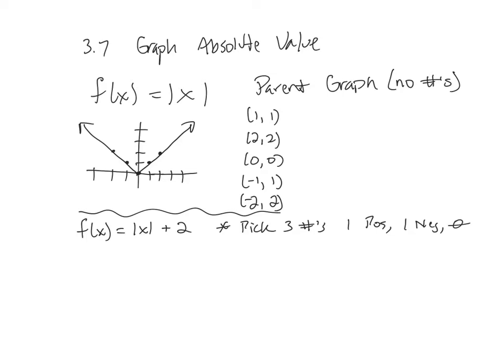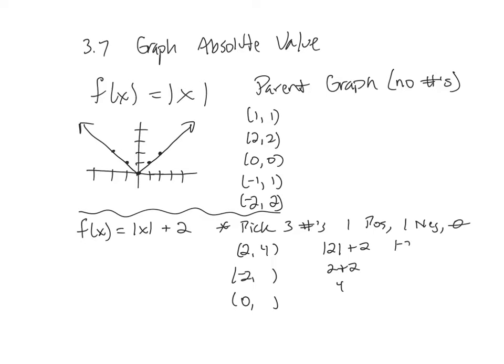Again, I like to pick 2, negative 2, and 0. It just spreads the graph out a little bit more. So if I put 2 in, well, absolute value of 2 is 2, 2 plus 2 is 4.